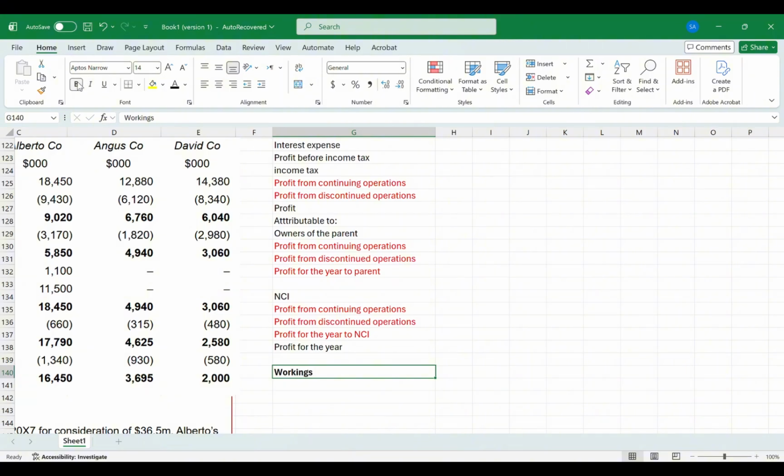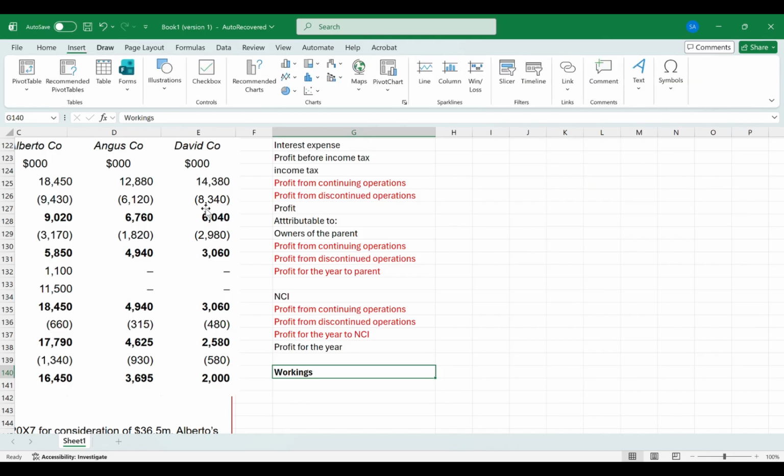You see, now we'll start with the workings. So first working is your consolidation schedule. Okay. What consolidation schedule for Alberto and Angus, not David, because David you have sold entirely.